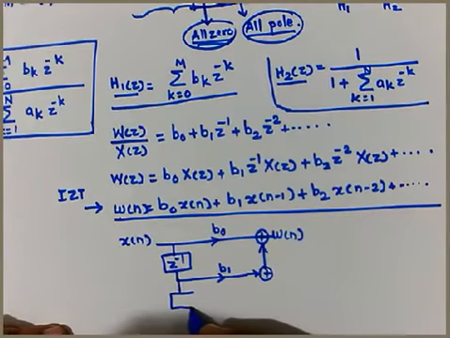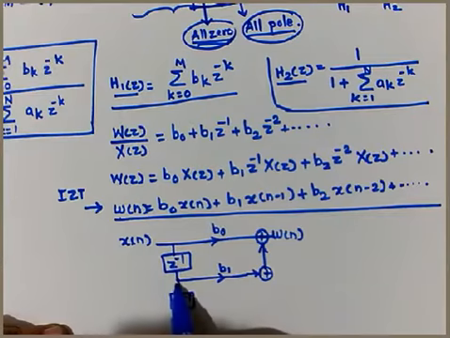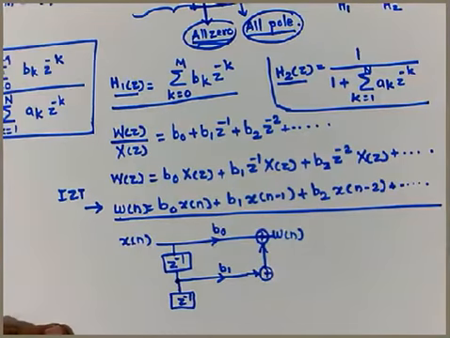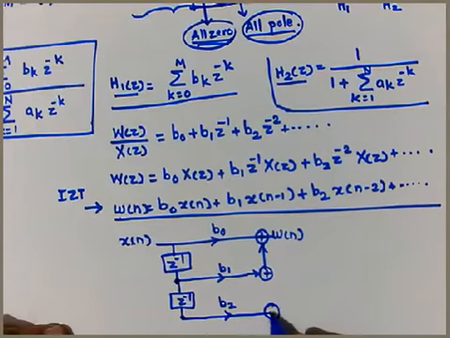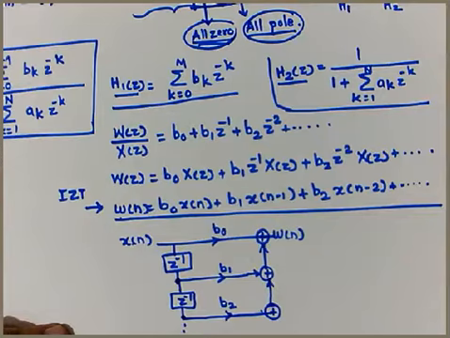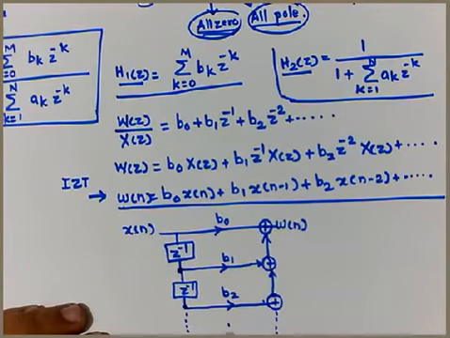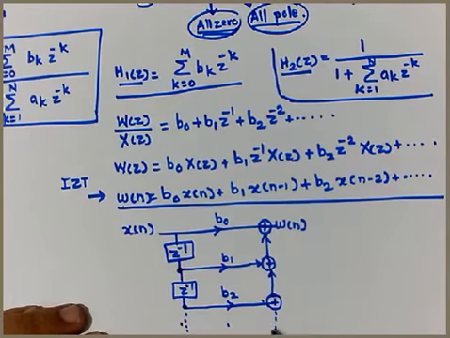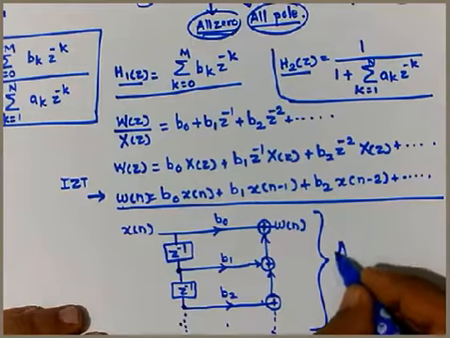So again add here a z raised to minus 1 block, so that this x(n) will become x(n minus 1) at this point. Then at the next point it will become x(n minus 2). Then this will be b2. Again add it here, then complete it here. This is how it will be extended further by adding later on b3, then again z inverse, again an adder, like that. So this is nothing but the all zero system.